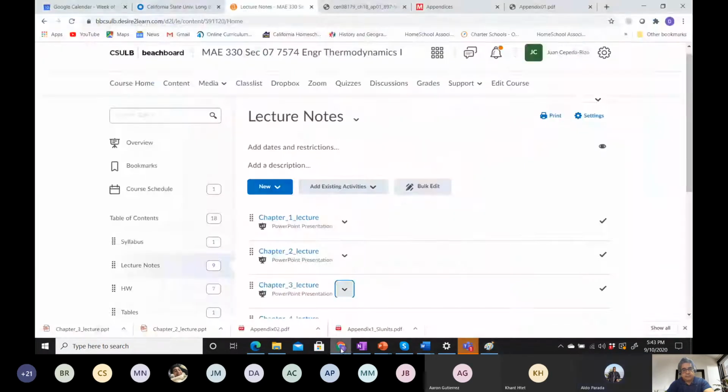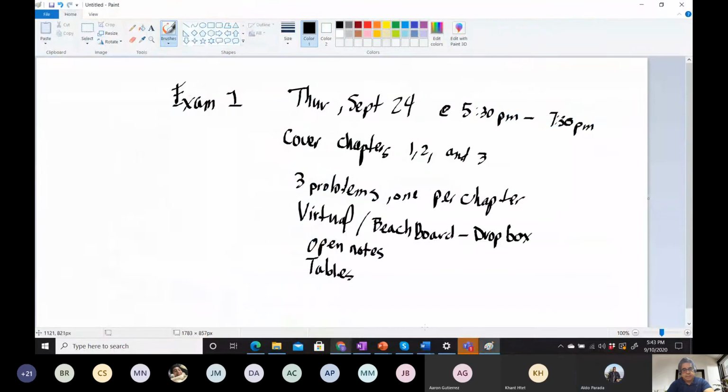All right, maybe I'll show you that later. I don't know where my tables ended up. But anyway, the tables and appendices, basically the appendix of the book, I posted on Beachboard. If you're relying on the ebook, of course, it's open notes, open book.